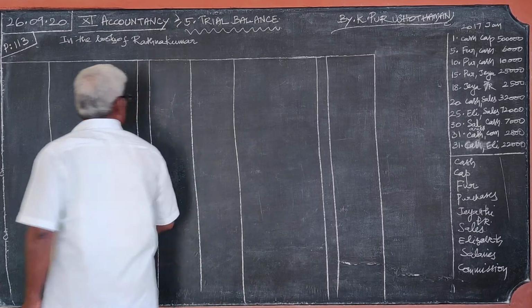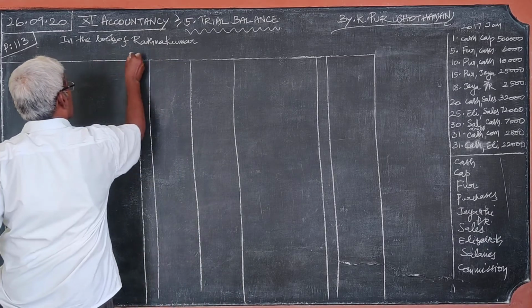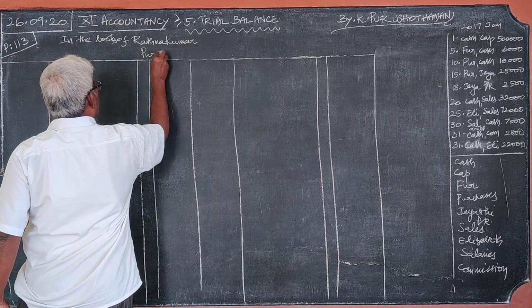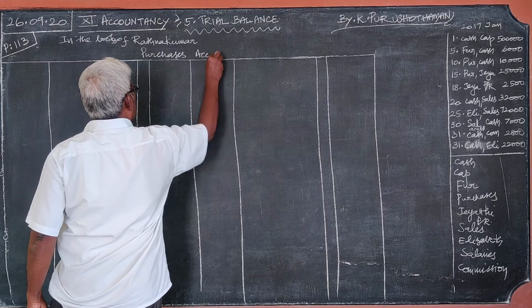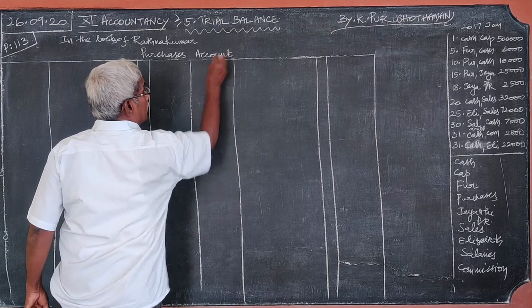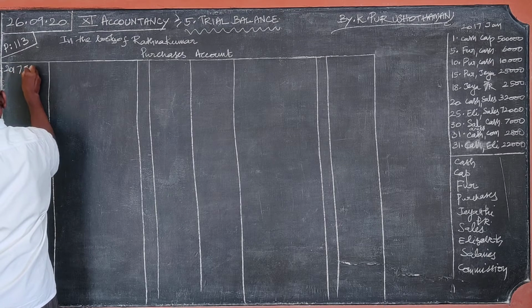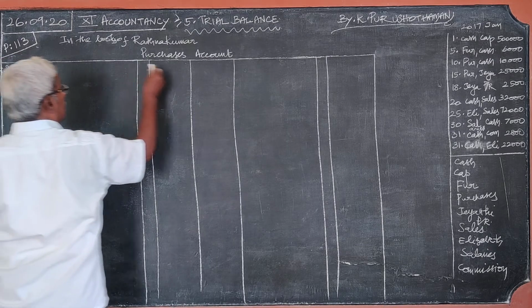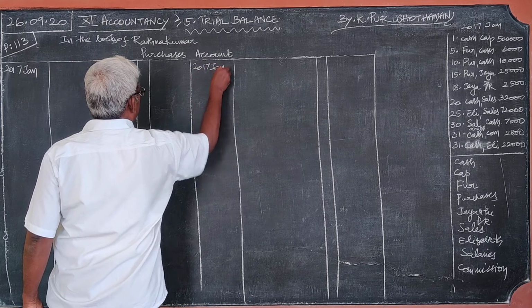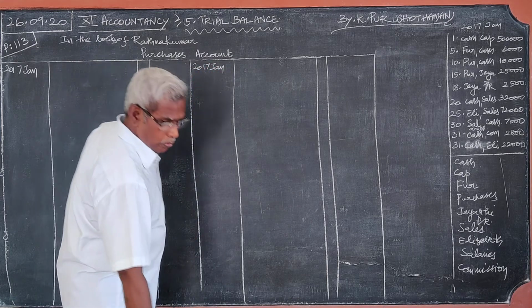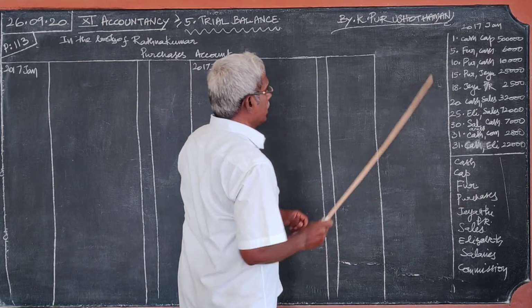So we shall continue with the next ledger, purchases account. Now we shall pass on to the fourth ledger, purchases account, 2017 January.